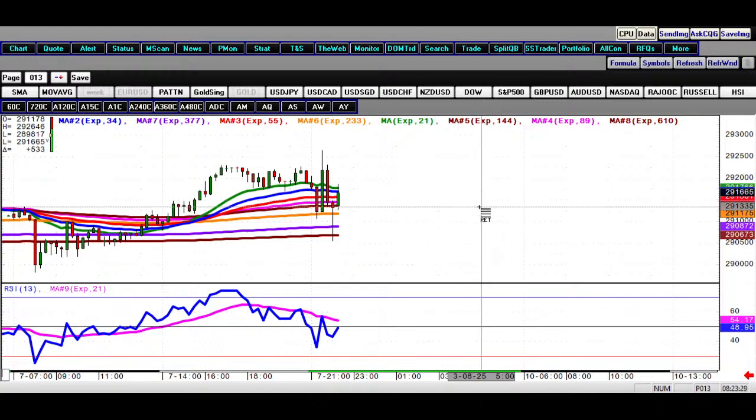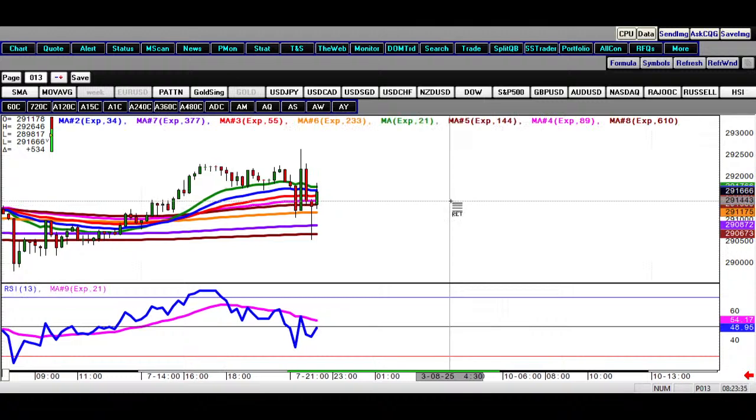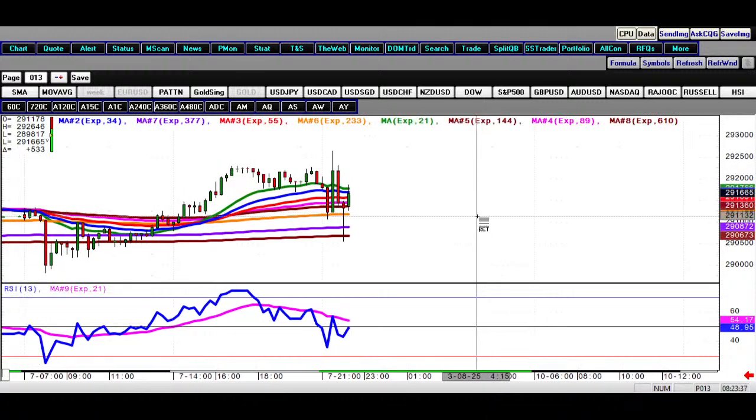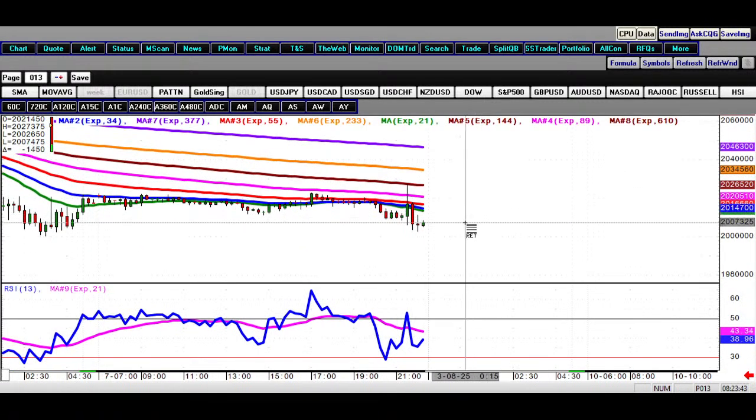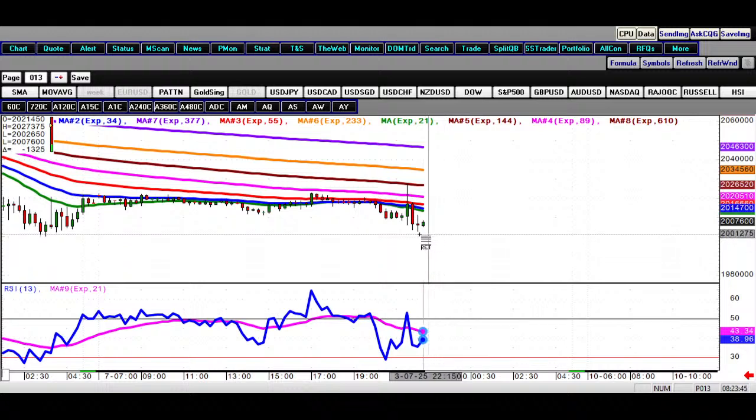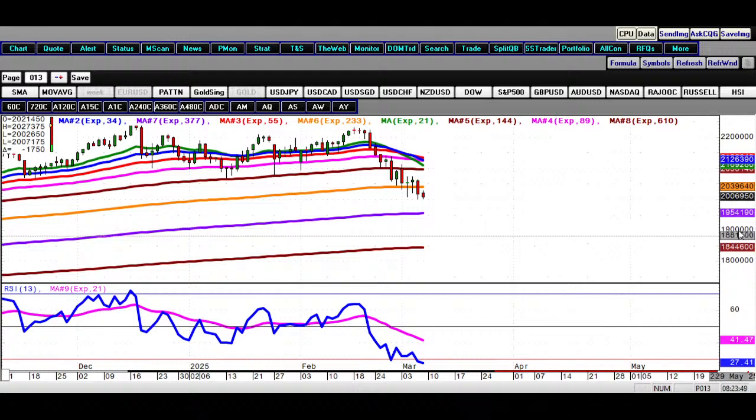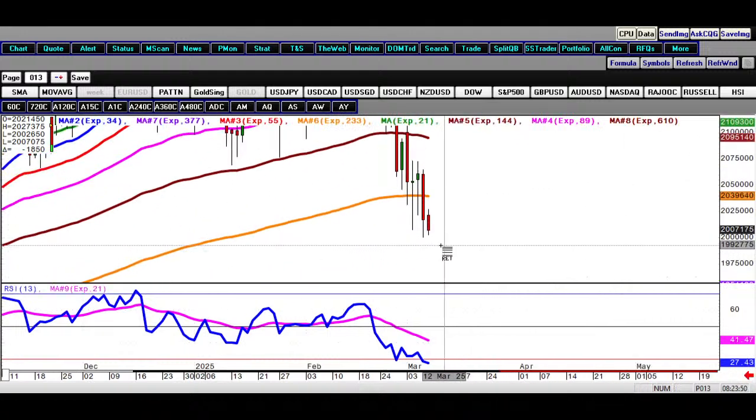Let's do Nasdaq while we are waiting. So the Nasdaq is near the bottom of the range.